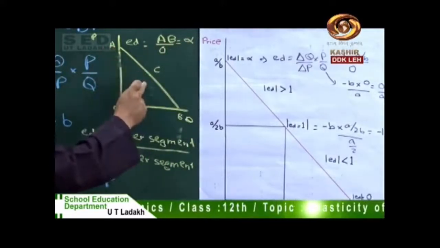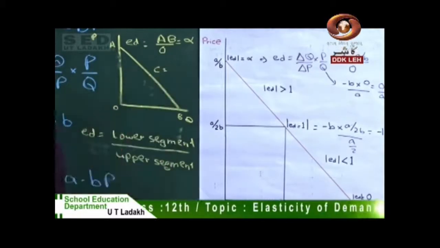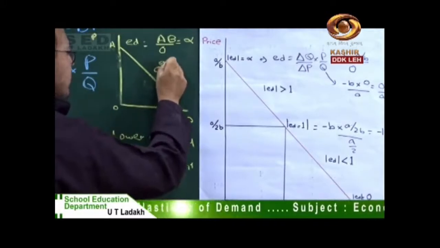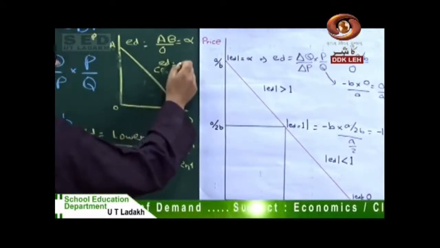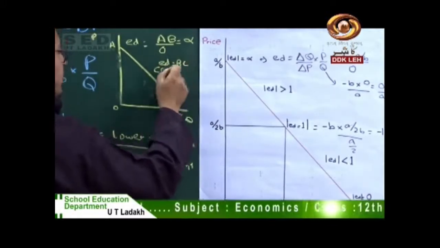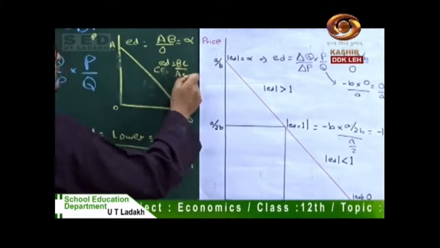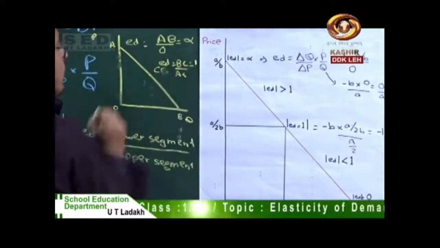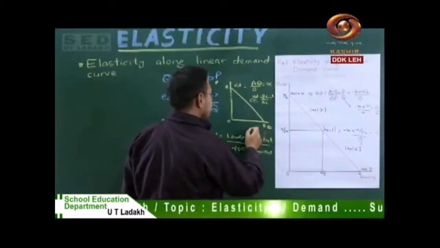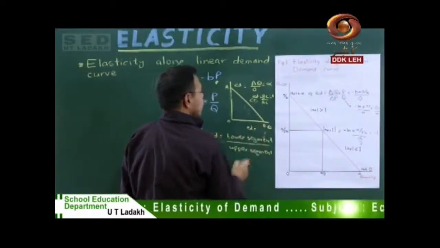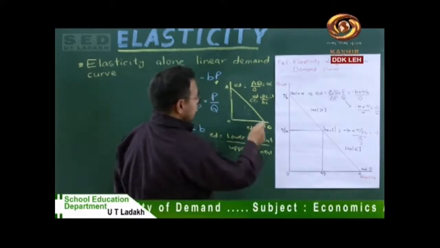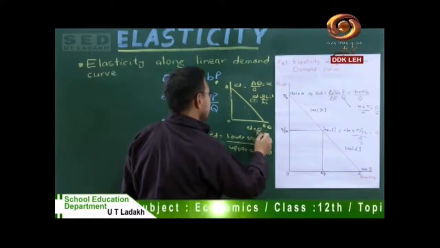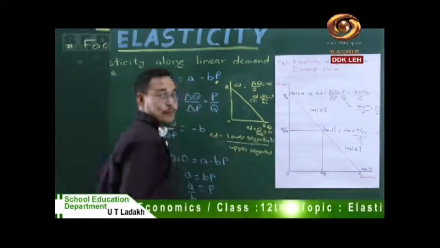Again here, since it is equidistant, if you calculate elasticity at C, then your ED is equal to the lower segment, that is BC, divided by AC. Since both are equal, both have 1 value, and here it will be 1. Now at B, if I calculate elasticity, what is your lower segment? Lower segment is 0, and upper segment is your AB, so it will be 0.